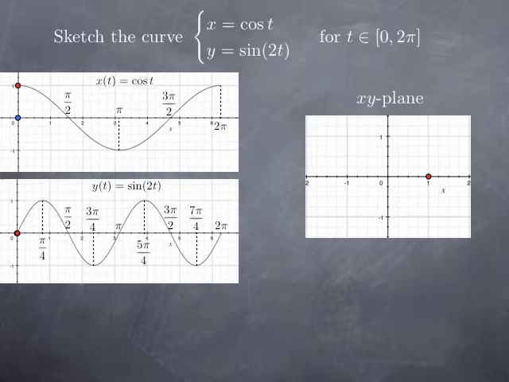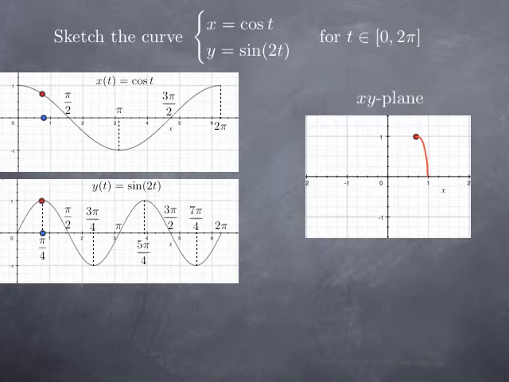And then t increases. Let's say we're going to track what's happening when t increases from 0 to pi over 4. You see that x decreases from 1 to the value of cosine at pi over 4, which is root 2 over 2, while y increases from 0 to its maximal value of 1 at pi over 4. You see on the right hand side in the xy plane what corresponds to this.